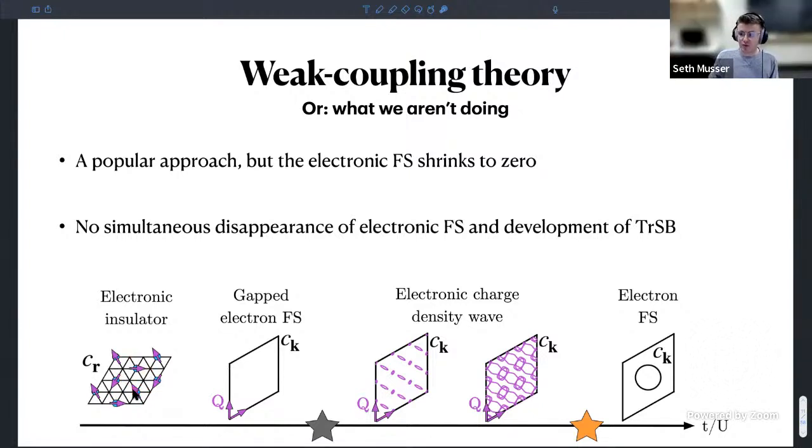So at t equals 0, if you had this kind of super triangular lattice, you would expect a 120-degree Néel state. And so if you do that, then you're going to freeze out the spins. Yeah, I agree.